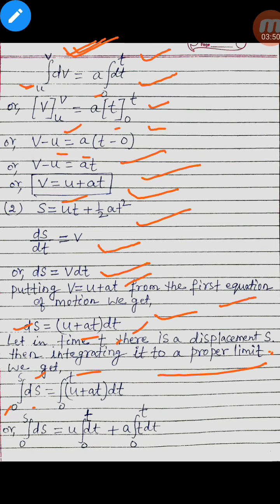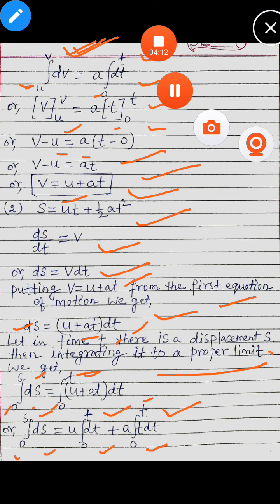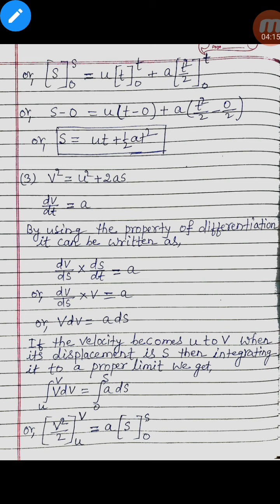is equal to the integral of u plus at, from 0 to t, dt. Or the integral of ds from 0 to s is equal to the integral of u dt from 0 to t plus the integral of at dt from 0 to t. So s with limits 0 to s is equal to ut with limits 0 to t plus at square by 2 with limits 0 to t.